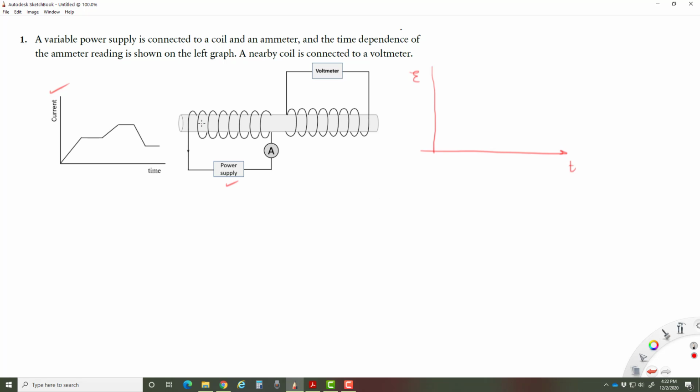So when you pass the current through this coil, it will have some magnetic field. So that's the magnetic field, which is more or less straight. And this magnetic field is changing because this magnetic field is produced by the current.